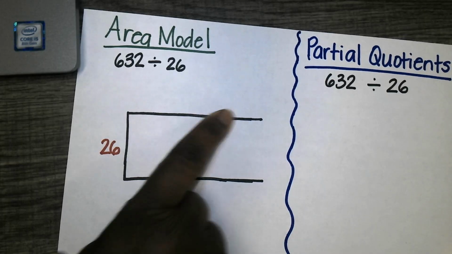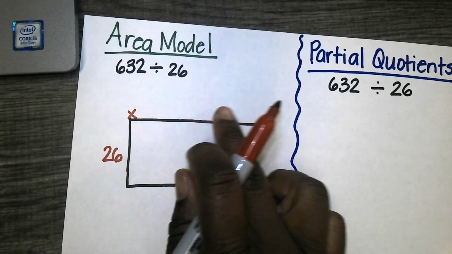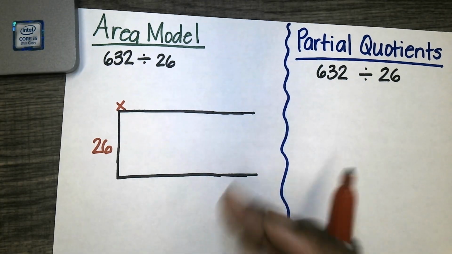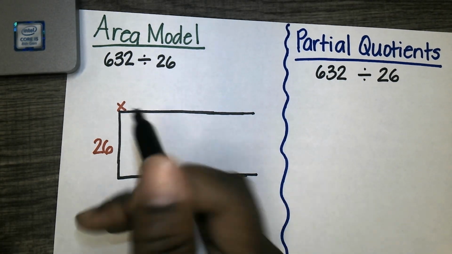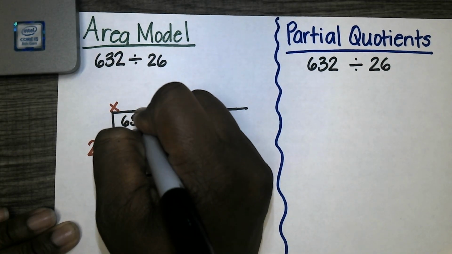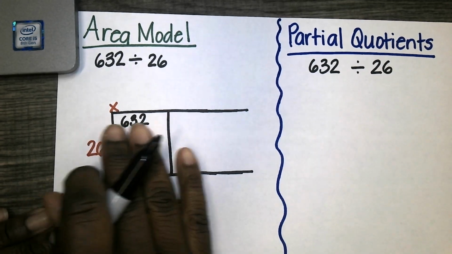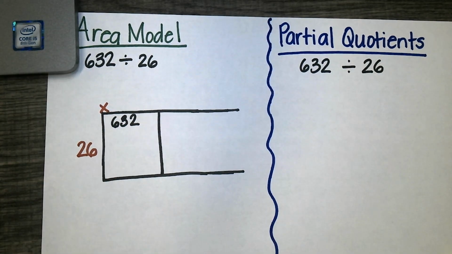Then we're figuring out up here what all the smaller quotients are going to be, and that goes up top. Since we're starting with the number 632 that is being divided in the smaller parts at a time, that's going to go on the inside because this is where the total dividend is going to go.